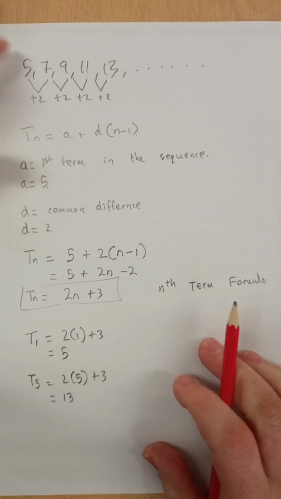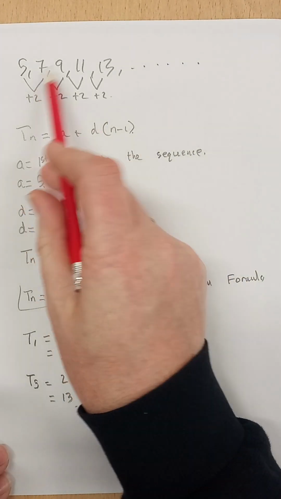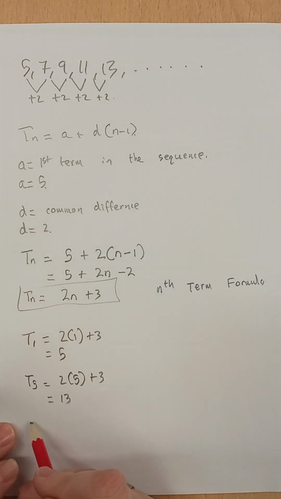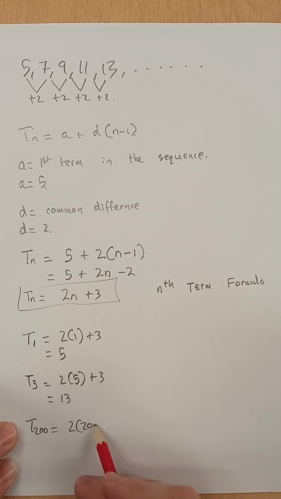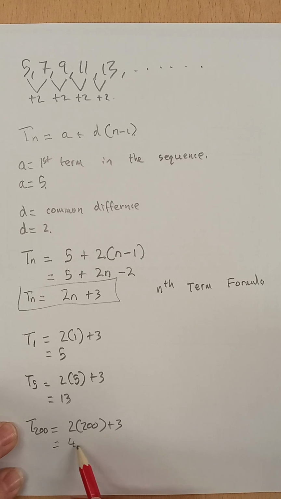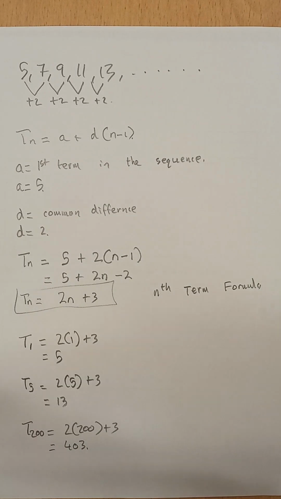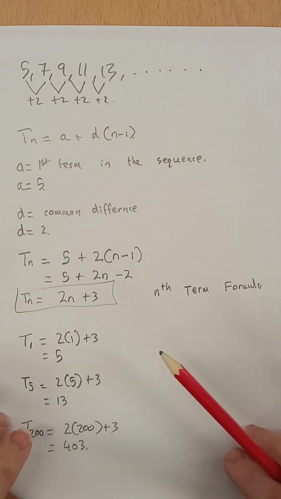And let's try and find the 200th one, because it'd take me a long time to add up to 200. 2 times 200 plus 3. The 200th term would be 403. So that's how you use this to figure out the nth term.